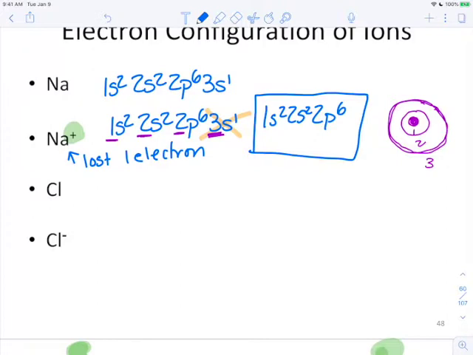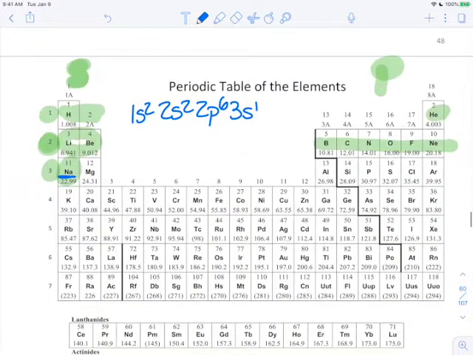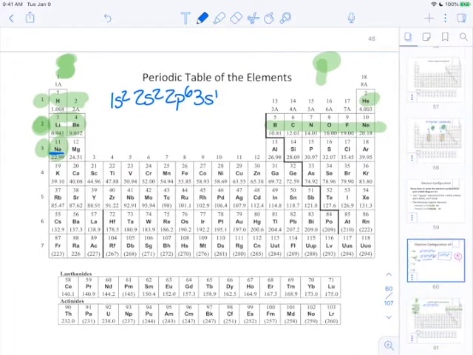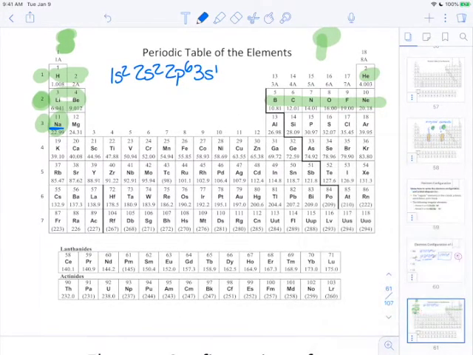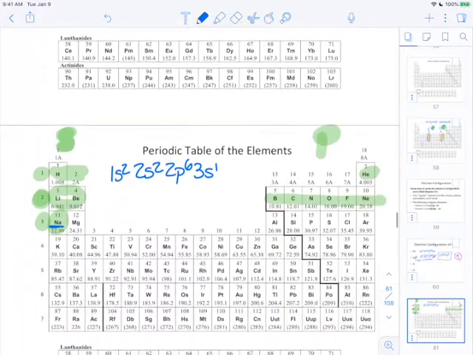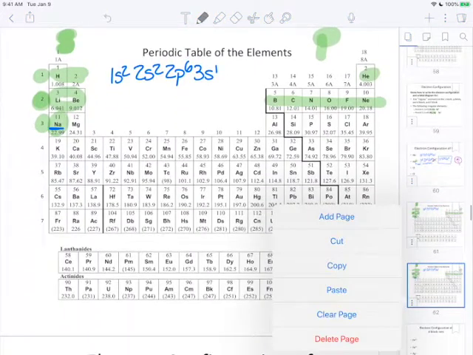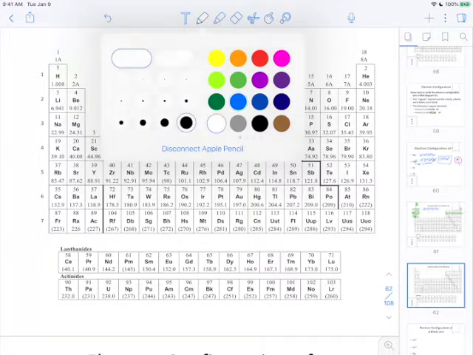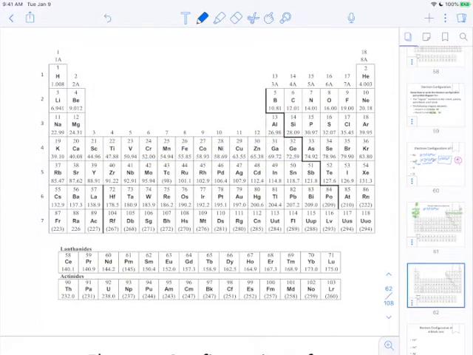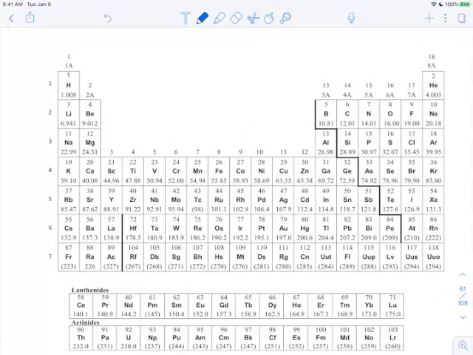Okay, so next up we're doing chlorine and Cl-. So chlorine and chloride. So I want you to find the configuration for chlorine and also for Cl-.